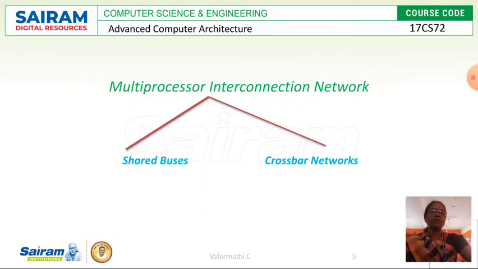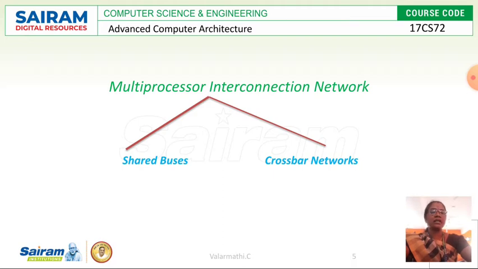Moving on to the multiprocessor interconnection network, there are two types of interconnection networks used in multiprocessors: shared buses and crossbar networks. We have already studied this in Module 1. Shared buses are static connections and crossbar networks are dynamic connections.